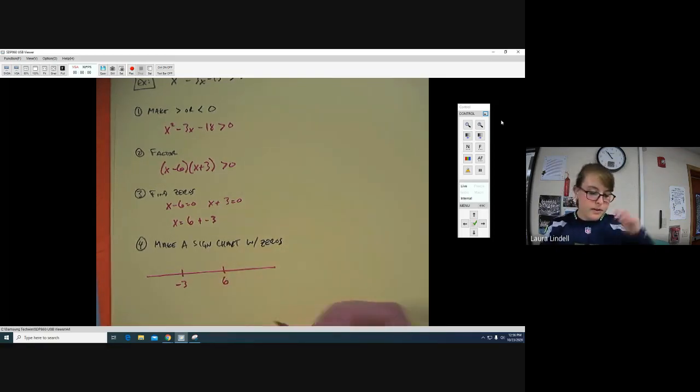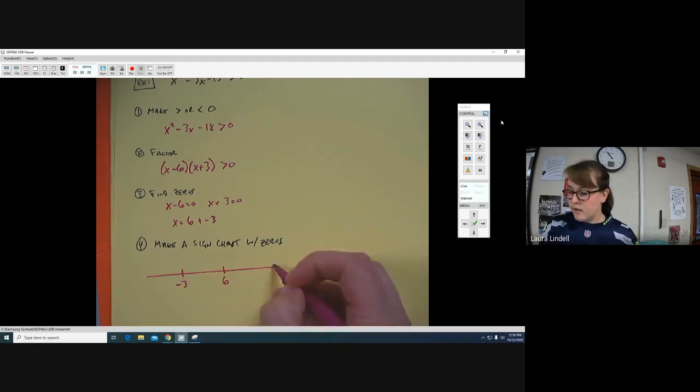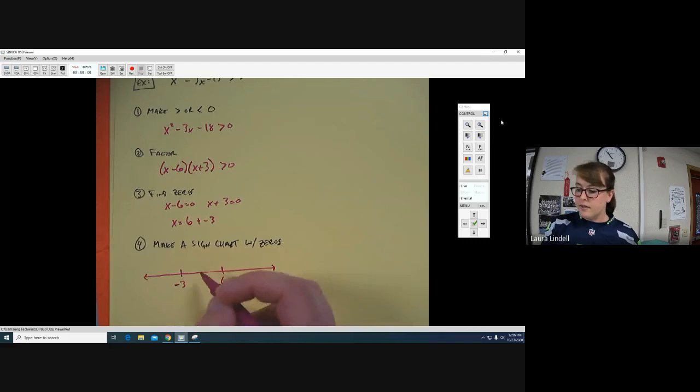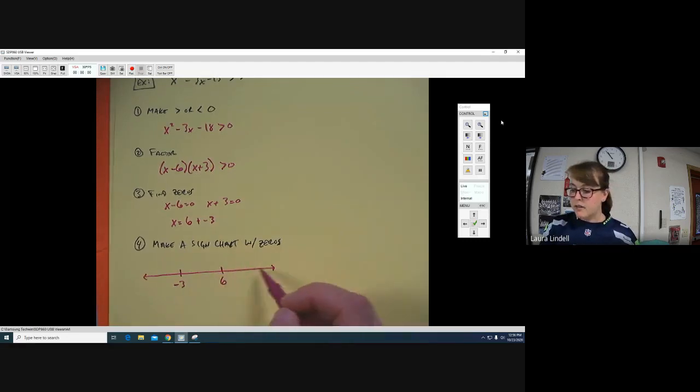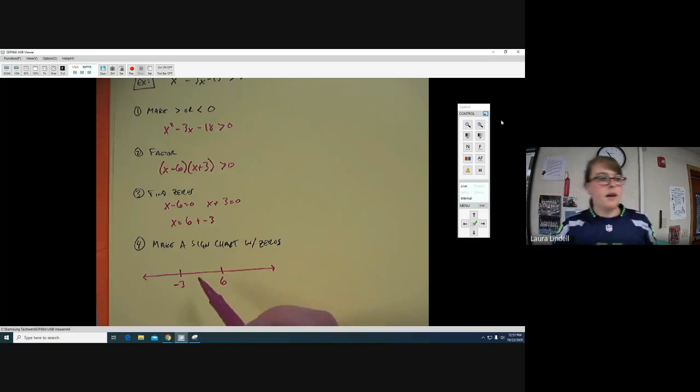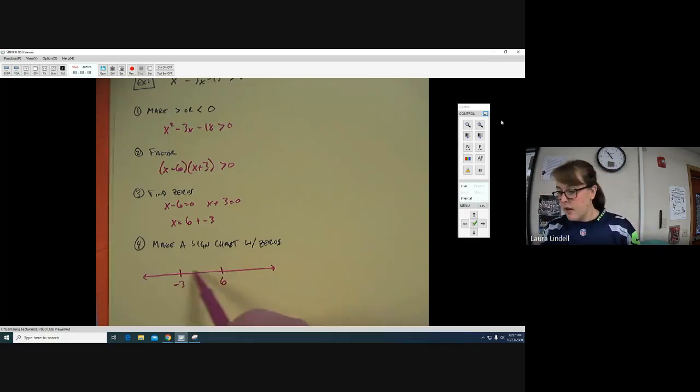I'm going to check a value in each of these ranges: something less than negative 3, something between negative 3 and 6, and something greater than 6, to see what the value of the function would be at that spot, which will tell me what the value of the function is overall in this range.